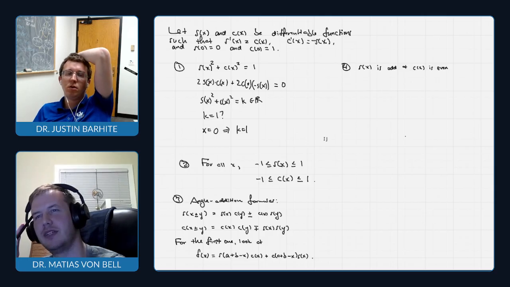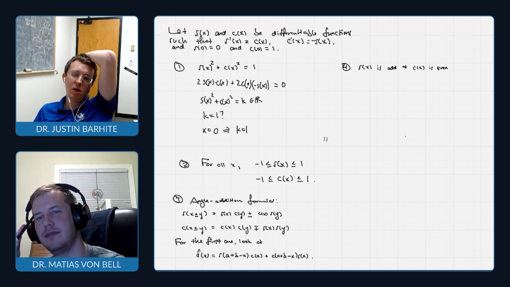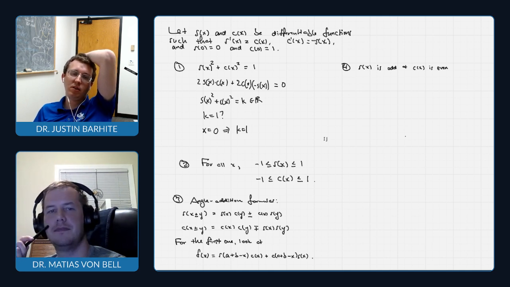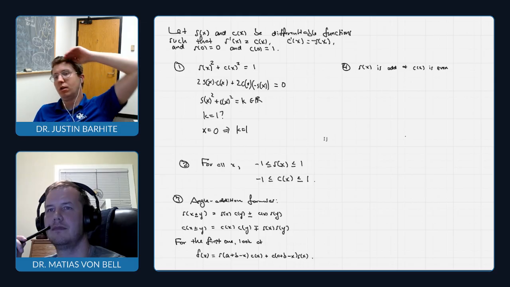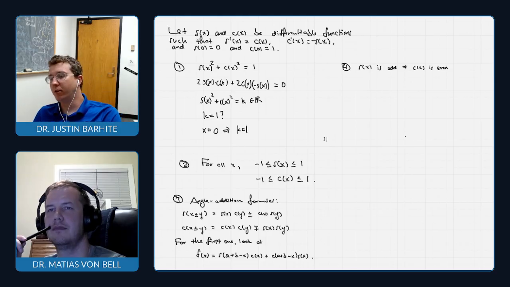But what else do we need? So yeah, let's talk about that. How would you use the angle addition formula to show periodicity? What do you want the final computation to be? Like, what does it mean for it to be periodic?